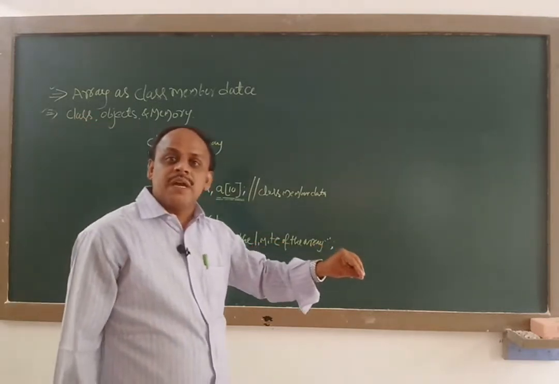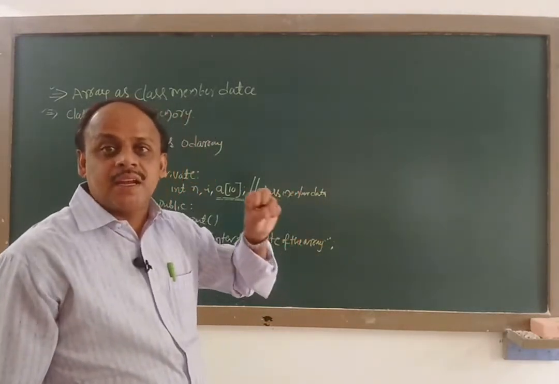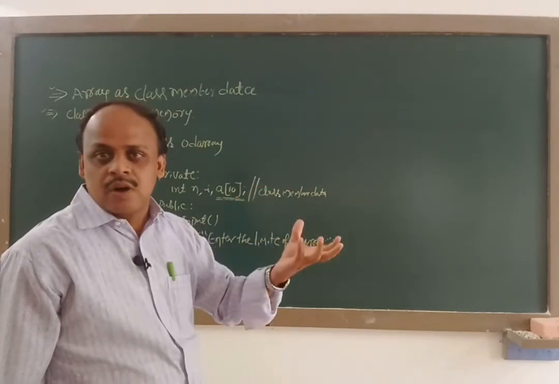Which syntax we have to use? Accept n elements into the array means we have to use for loop, right?